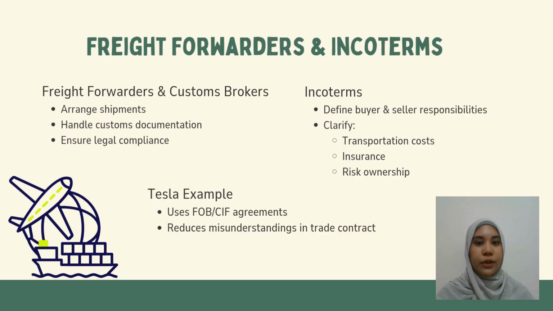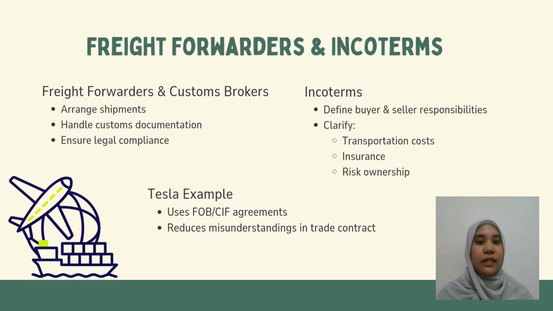Next one is freight forwarders and also Incoterms. For freight forwarders or customs brokers, the person in charge will arrange shipments, handle customs documentation, and also ensure legal compliance. While Incoterms help to define the buyer and seller responsibilities, especially who needs to pay for the shipment, and others.